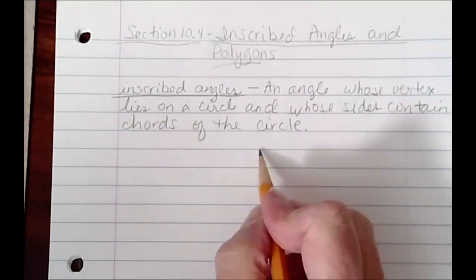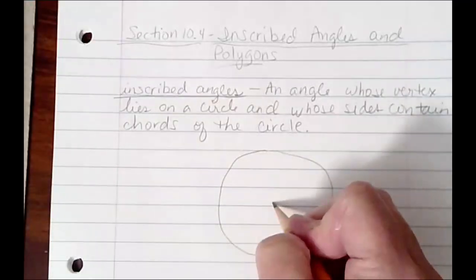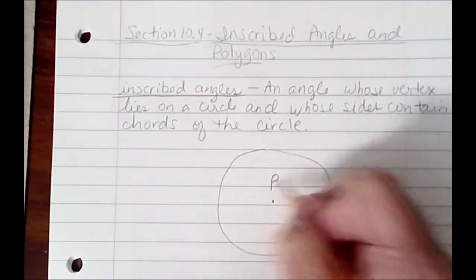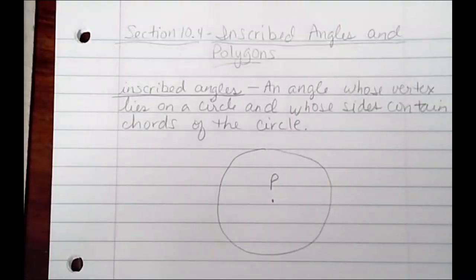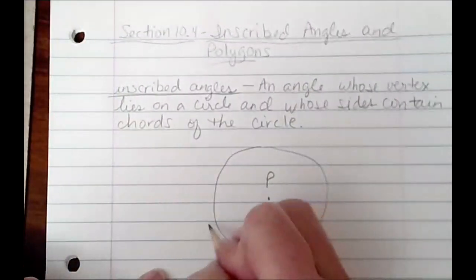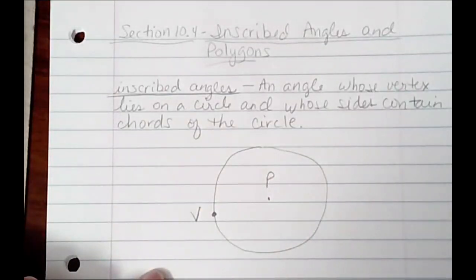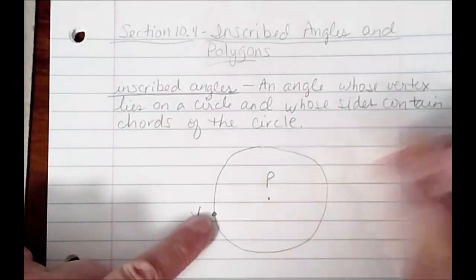Let's just rough draw a circle, circle P. If it's an inscribed angle, then the vertex is actually on the circle. So maybe here's our vertex, let's call it V. The sides are chords, so it has to go from this point to another point.